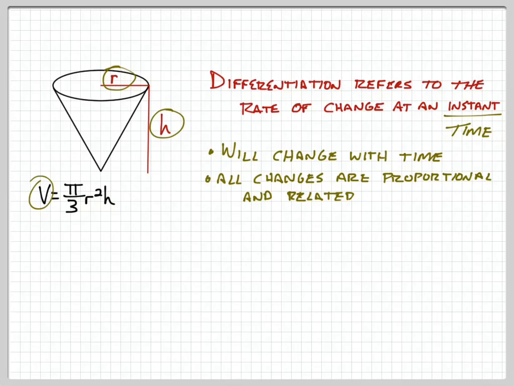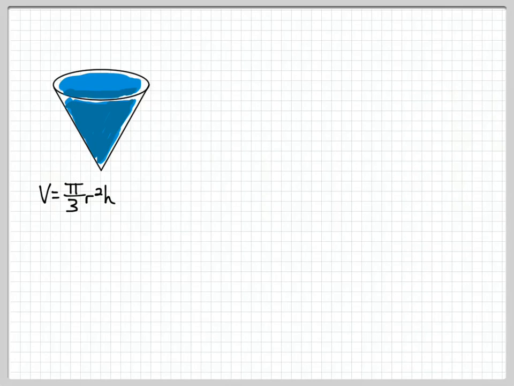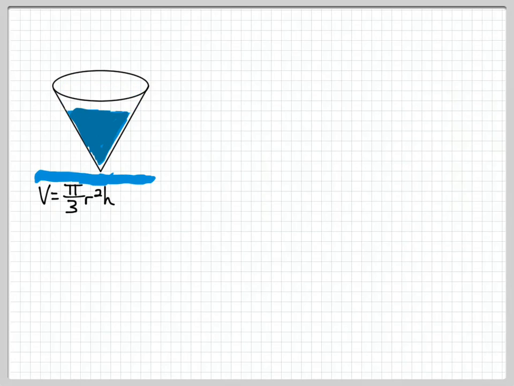So let's say we've got an empty cone and we're going to fill it up with water. So we've got a nice full cone, but the bottom springs a leak and it starts leaking out, but we're able to stop it at a specific point. We're going to look at the height at the moment that we stopped it, and we'll also have to see what the radius is if we want to know the volume of the cone, or how much water we have left in the cone.